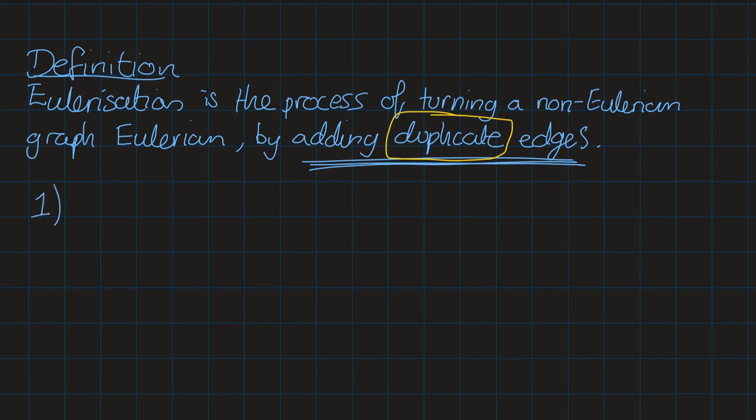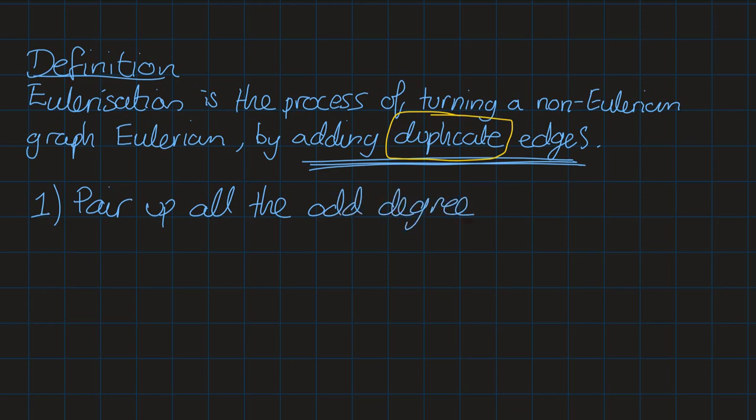The first step is to pair up all the odd degree vertices. If I give you a graph which is not Eulerian, that means, using the theorem we saw in a previous lecture, that there are some vertices that have odd degree.